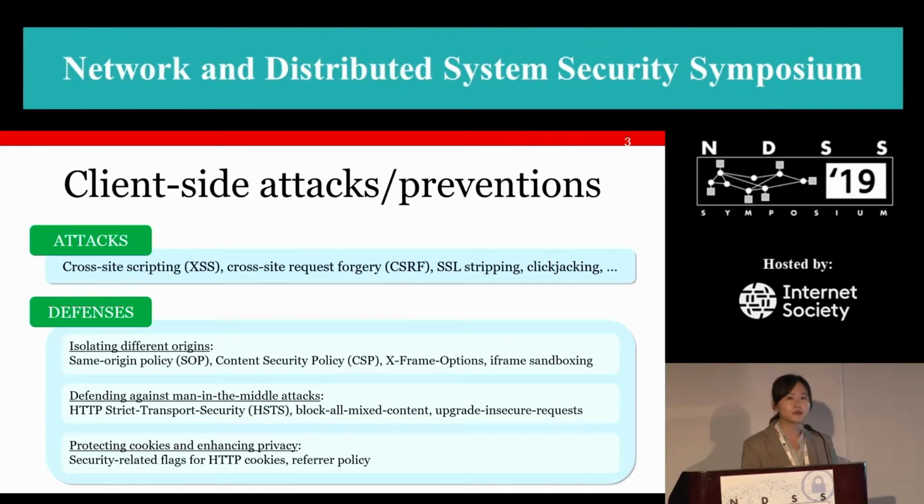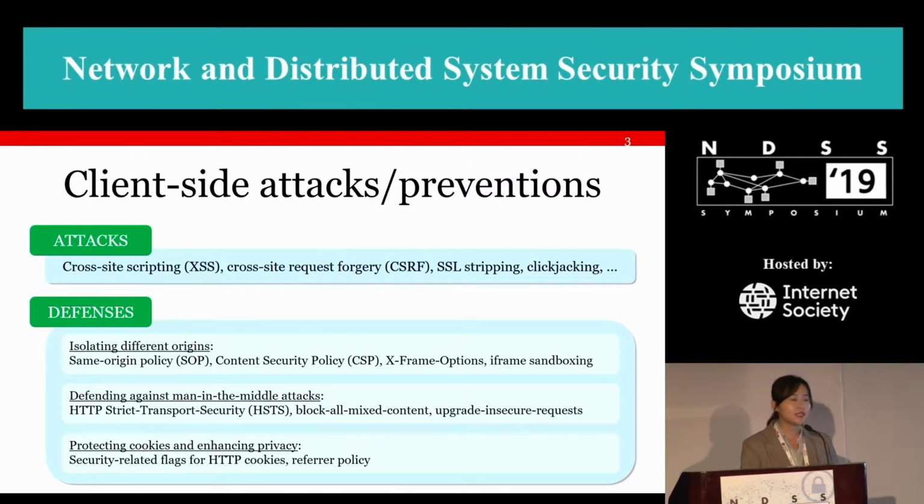So these mechanisms can help with isolating different origins, defending against man-in-the-middle attacks, protecting cookies, and enhancing privacy. Most of them at the webmaster's disposal can be activated through HTML tags and HTTP response headers to ask for particular safeguards. Well, the same origin policy, as the primary security mechanism in modern browsers, is enabled by default.